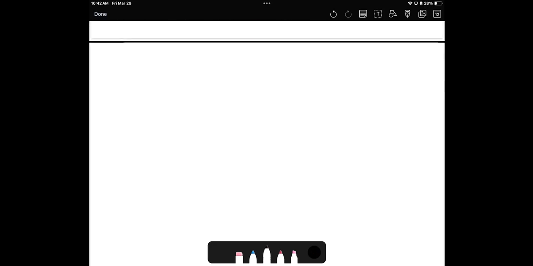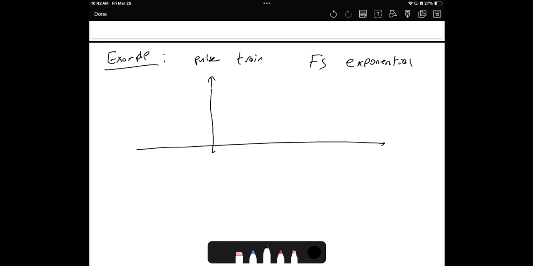Let's do an example. Assume we have a pulse train and we need to do the Fourier series using the exponential. The waveform is given here: here's 0, tau over 2, negative tau over 2, and here's the period, T over 2, negative T over 2.